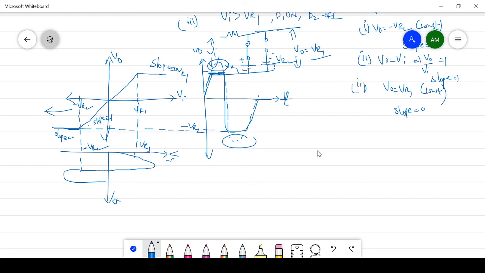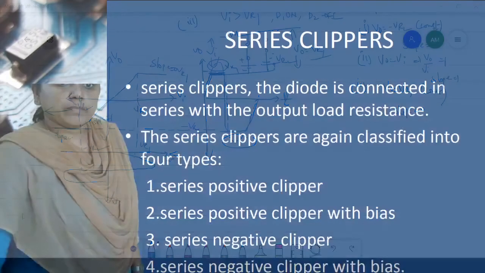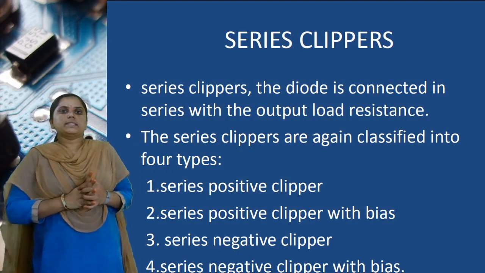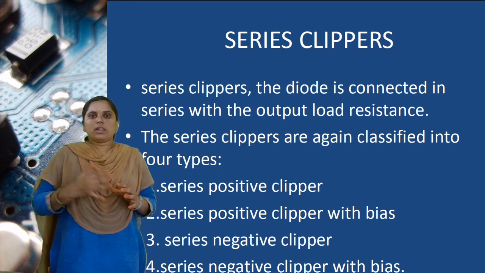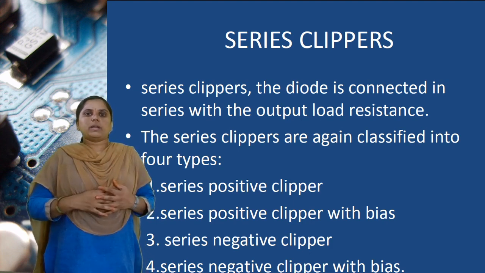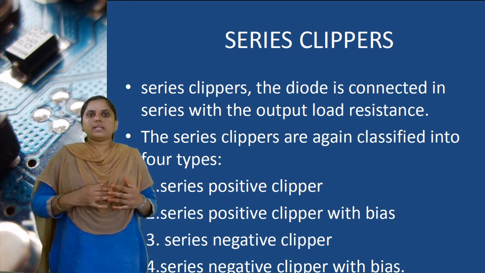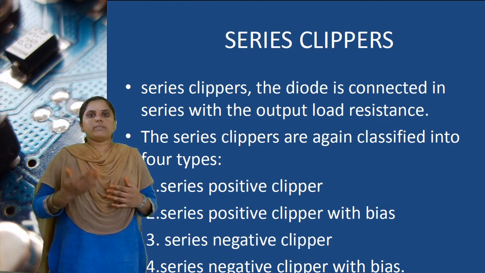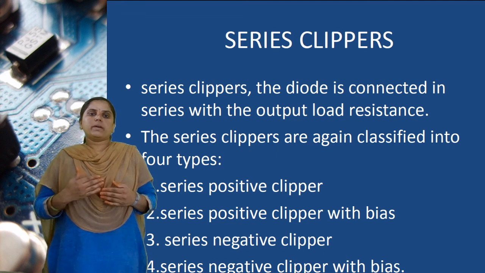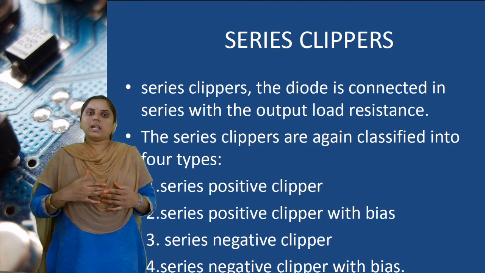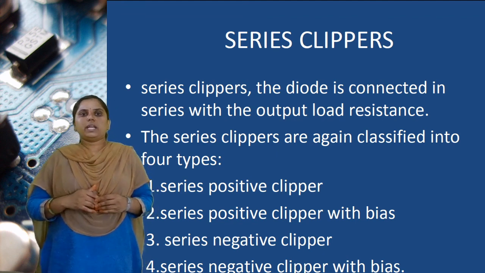So till now we have discussed series clippers: positive clipper and positive clipper with biasing, with two types, positive biasing and negative biasing, and series negative clipper and series negative clipper with biasing, also with positive and negative biasing.